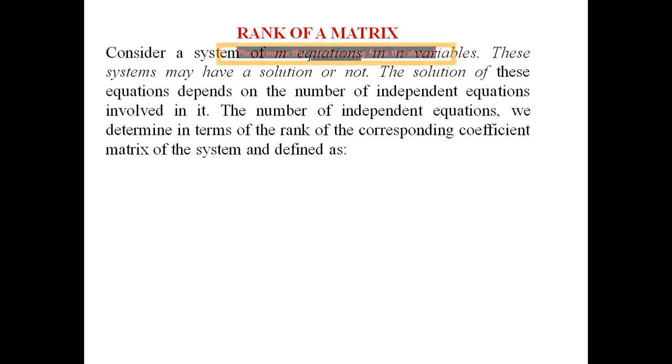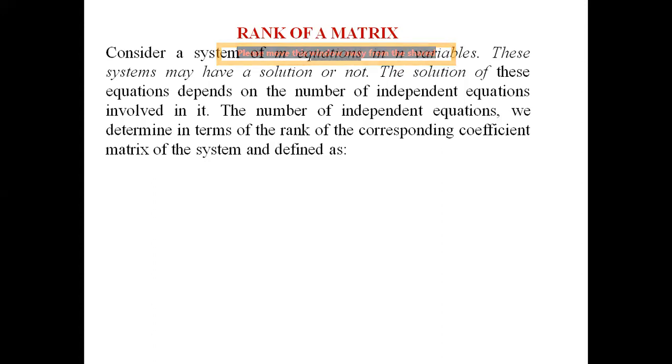A dependent row means that row can be obtained by multiplying any row of the matrix by a scalar or by adding the elements of any two rows of a matrix. If it is obtained by that type of elementary operation, then it is called a dependent row.